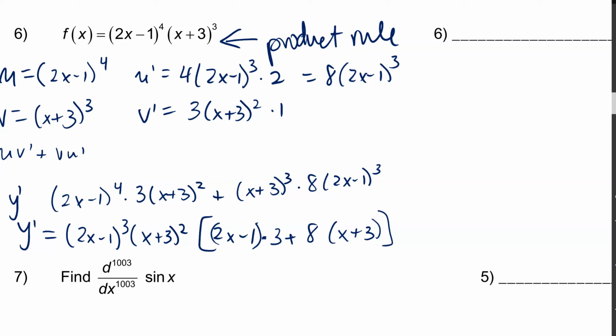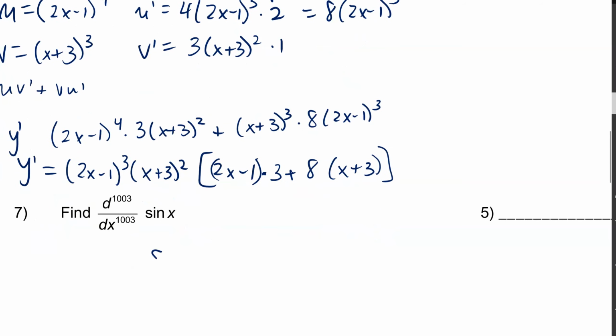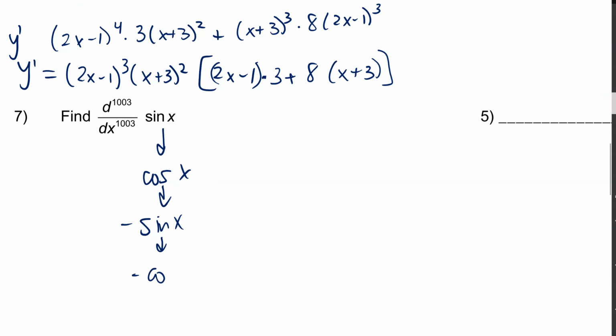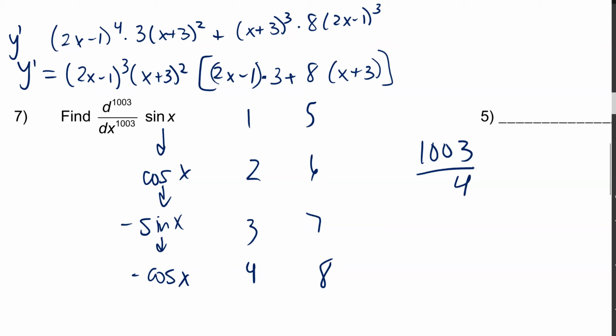How do you do the problem below it? Well, first derivative is sine, then it goes cosine, then negative sine, then negative cosine. Isn't it negative sine because it's the third one? So first, second, third, fourth, fifth, sixth, seventh, eighth. 1003 divided by 4 is 250, and then remainder 3.